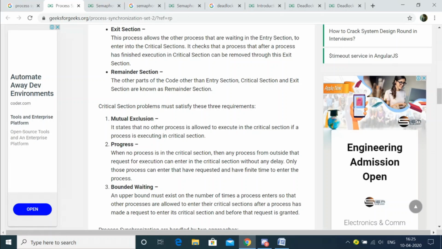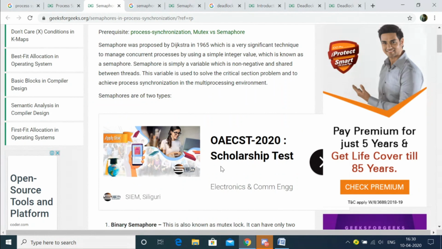Okay. So the next topic that we have is semaphores. Let us see the brief history first. Semaphore was proposed by Dijkstra in 1965, as an important technique for parallel processes running at the same period of time, by using a simple integer value which is known as a semaphore.